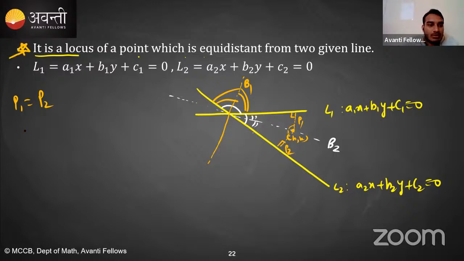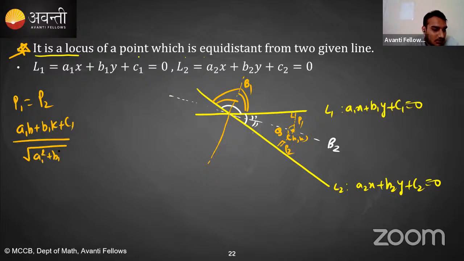Okay, what is P1? It is the perpendicular distance of the point, let's say Q, on line L1, which is the modulus of A1H plus B1K plus C1 upon under root of A1 square plus B1 square, right? This is equal to, what is P2?